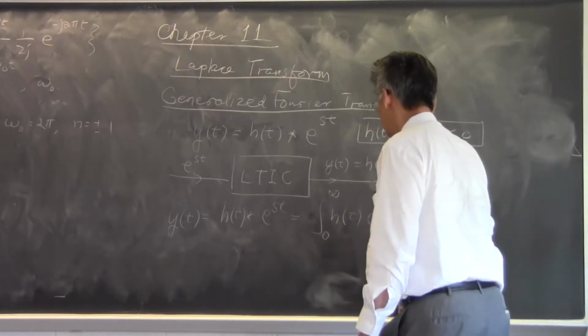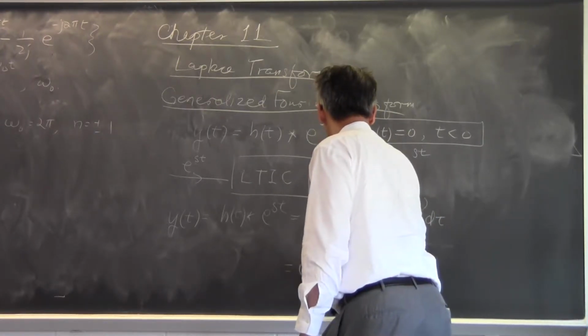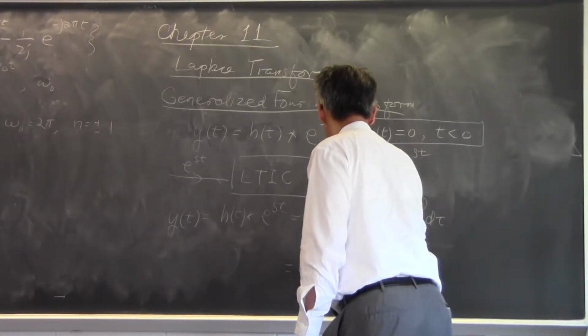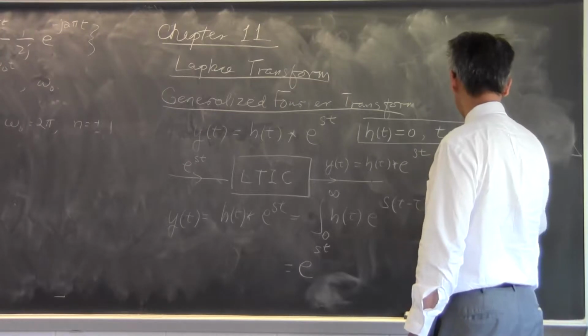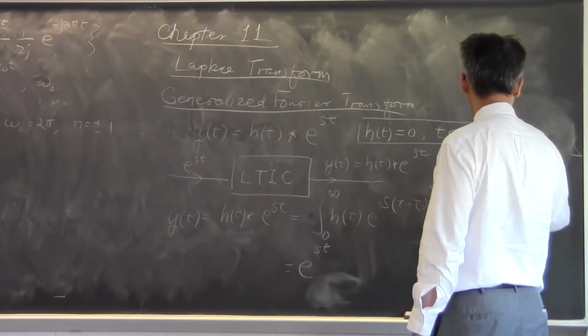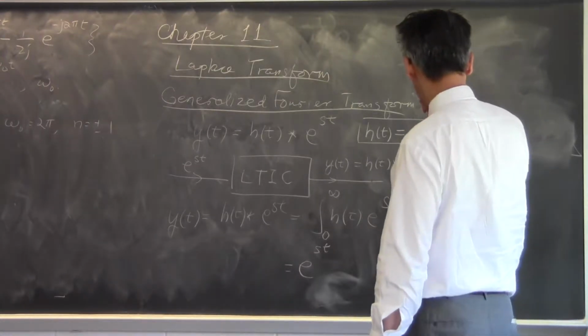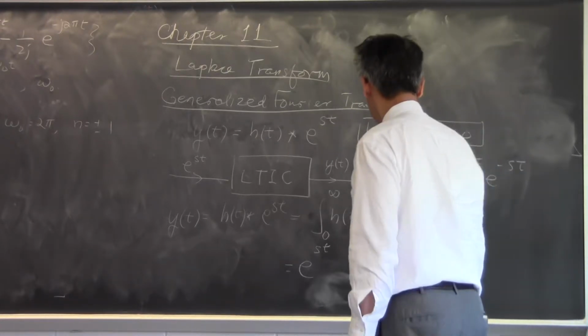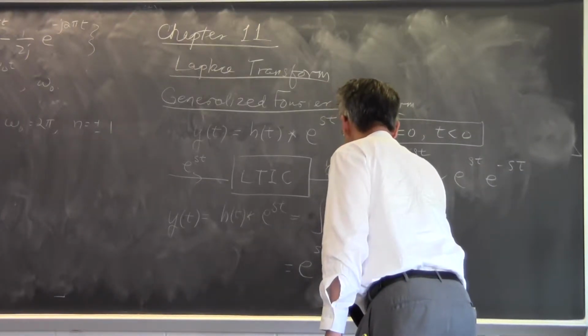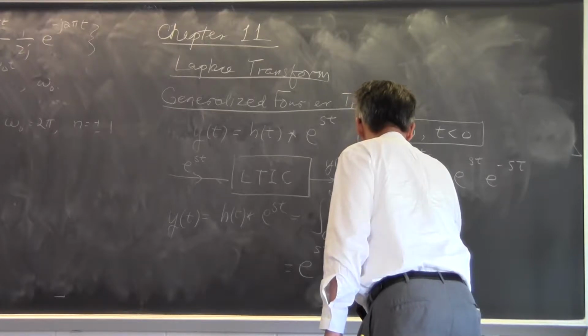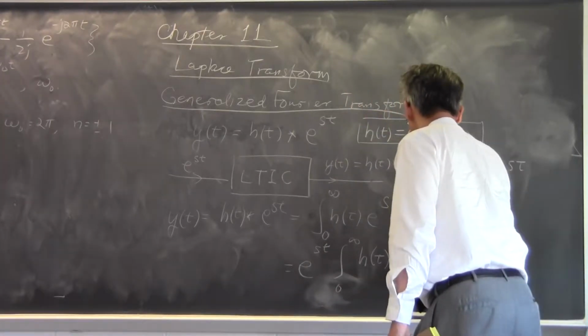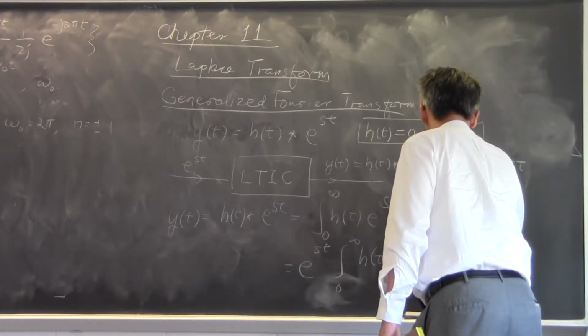Then when I do this, I will have e to the st. I break this into two factors, e to the st times e to the minus s tau. And then the integral I have left is 0 to infinity h(tau) e to the minus s tau d tau.